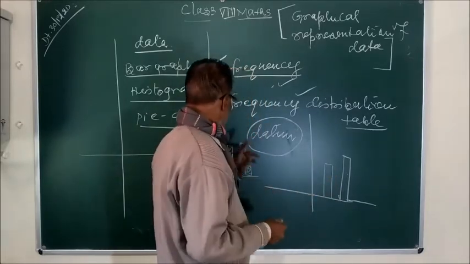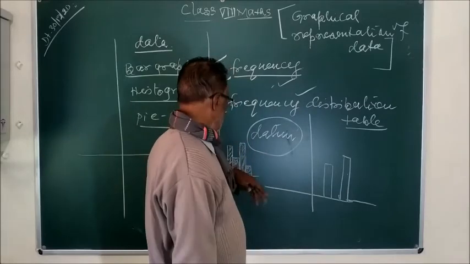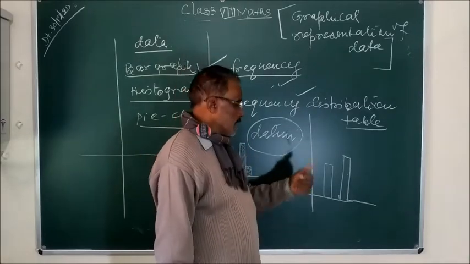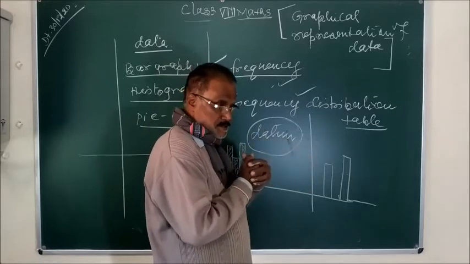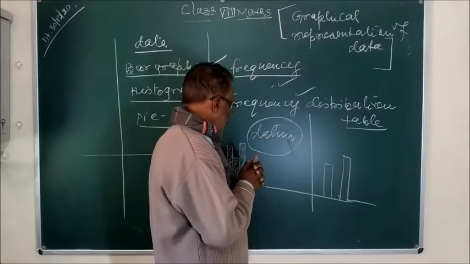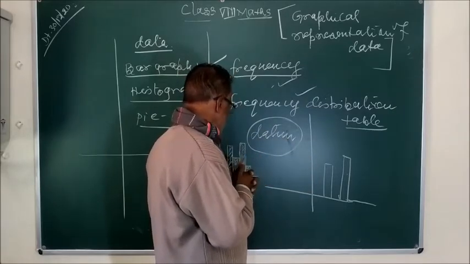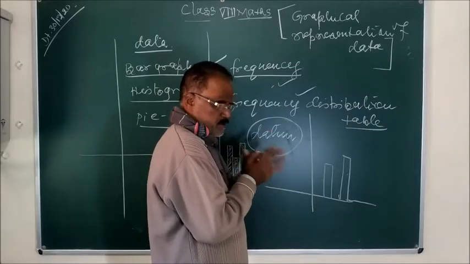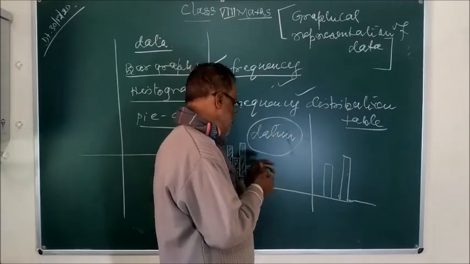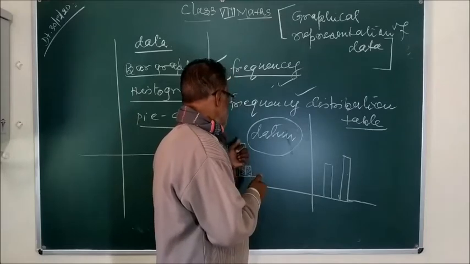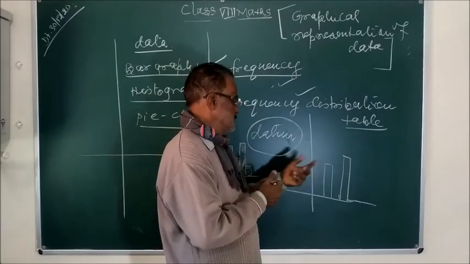So what is the difference between histogram and bar graph? Bar graph is separated by some distance, and in a histogram, the bars are closed, continuous, no space between them. So that is the histogram, and this is the bar graph.